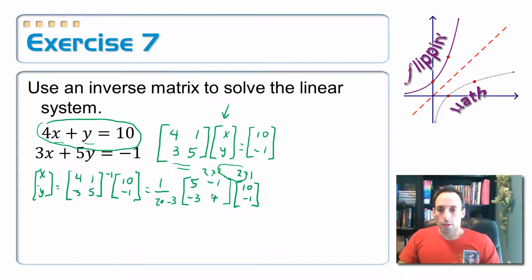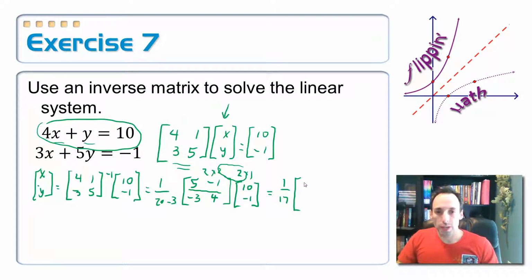Okay. So let's continue this. 1 over 17. I'm going to leave it there. It's a fraction, and I don't want to have to multiply that through this inverse yet until the very, very end. Okay. And now let's do the matrix multiplication. I'm going to multiply the first row times that column, 10, negative 1.